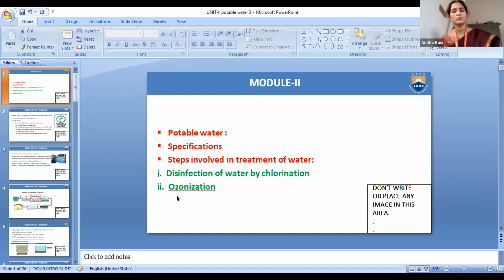We are taking two steps here: disinfection of water by chlorination, and ozonization. Students, you wrote? What is the topic we are going to discuss? Potable water, its specifications, and the steps involved in treatment of potable water. Clear? Okay.